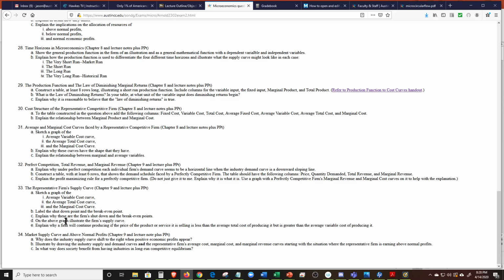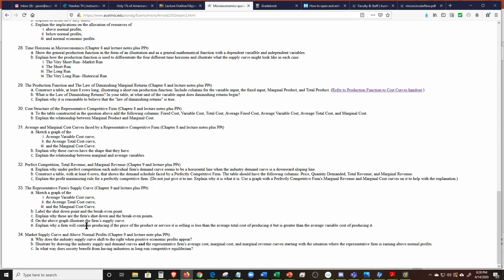And then we illustrate the firm's supply curve, which we had sort of done up here in 32, but there we said it was the whole marginal cost curve. In this one, we're going to see which part of the marginal cost curve really is the firm's supply curve.